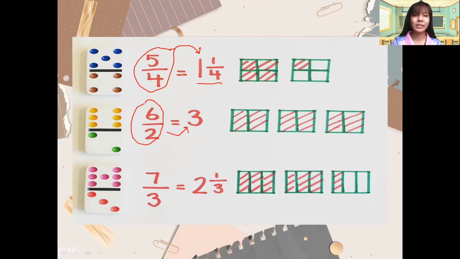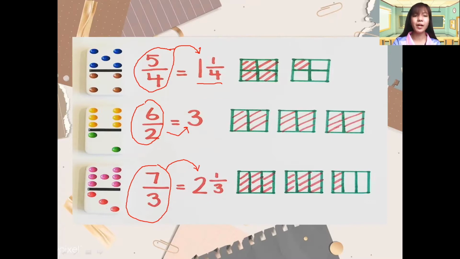Okay. So here, another example. This is as well an improper fraction. Why? Because the numerator is greater than the denominator. So if the answer is an improper fraction, you have to convert it into a mixed number.